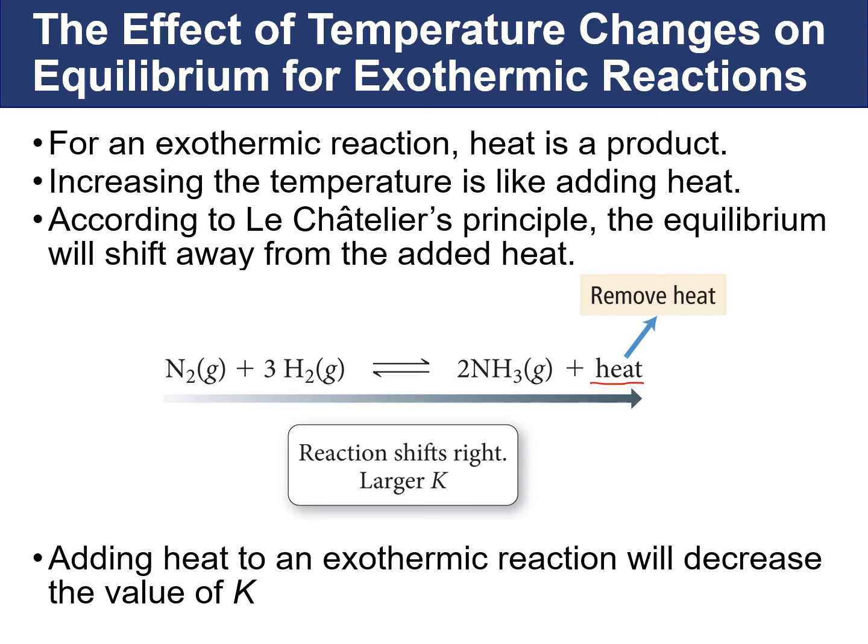If we are increasing the temperature, then the reaction will try to remove the heat that we are adding. So if T goes up, the reaction will shift to the left to get rid of the heat. If, however, we cool the reaction down, if T decreases, then the reaction will shift to the right. The reaction will try to produce more heat.